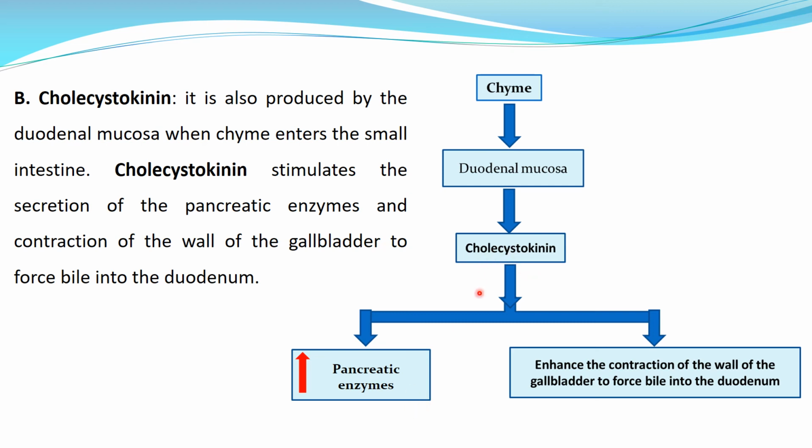Pancreatic enzyme secretion is induced by what? By cholecystokinin. Also, cholecystokinin enhances the contraction of the wall of the gallbladder and forces the bile into the intestine. If you remember, secretin induces the production of bile by the hepatocytes, while cholecystokinin induces the contraction of the wall of the gallbladder and enhances the release of the bile into the duodenum.